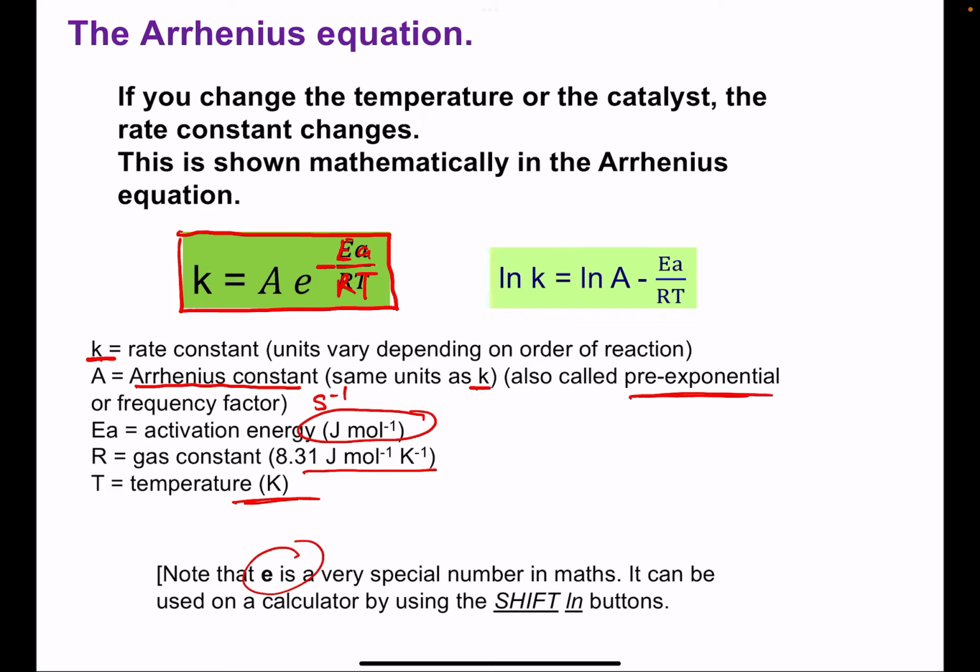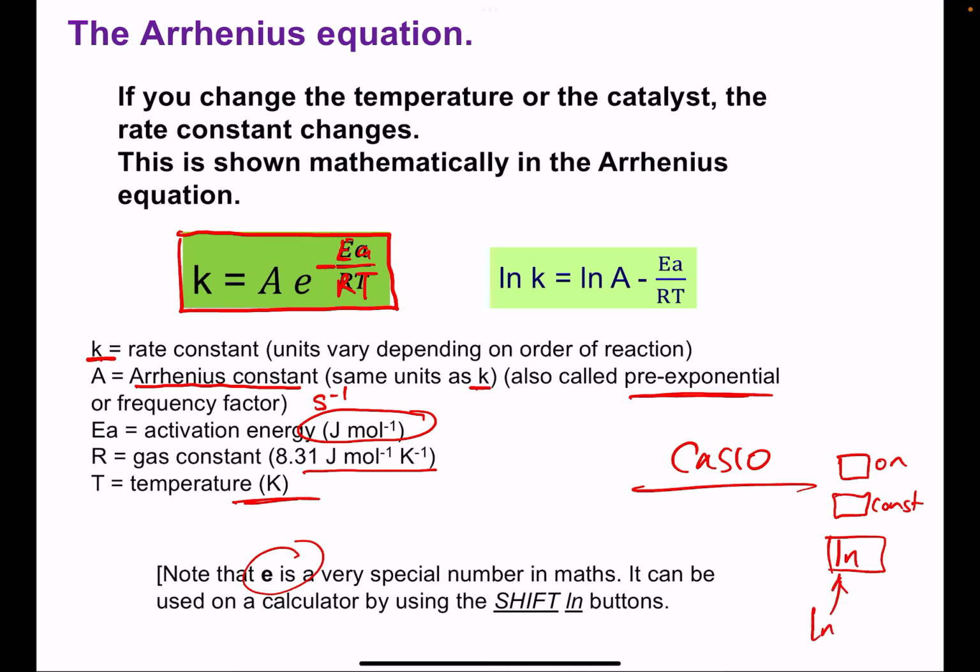So what's this e? On your calculator, I normally use the Casio calculator. I have my on button, and below the on button I have a button called const, and below that I have a button which looks like IN, but it's actually LN.